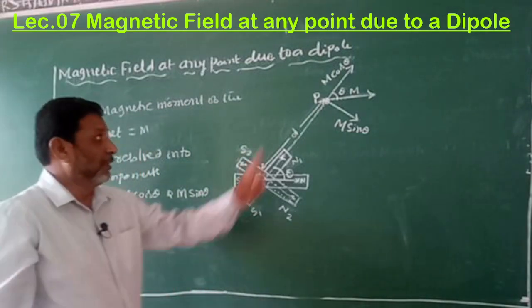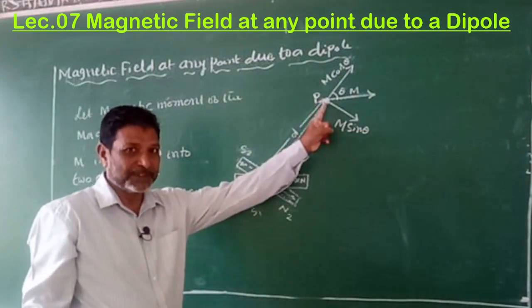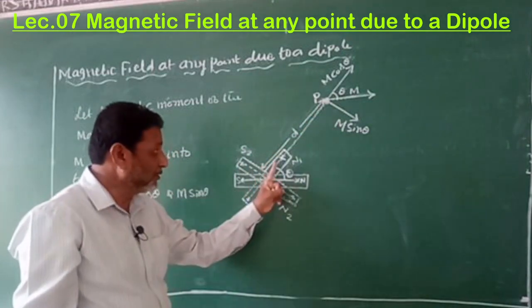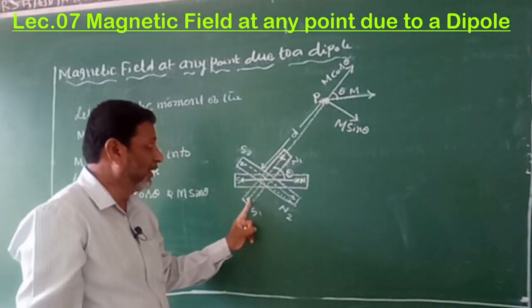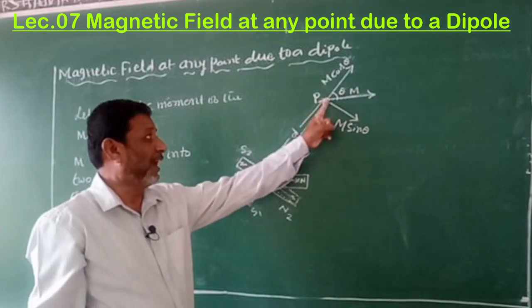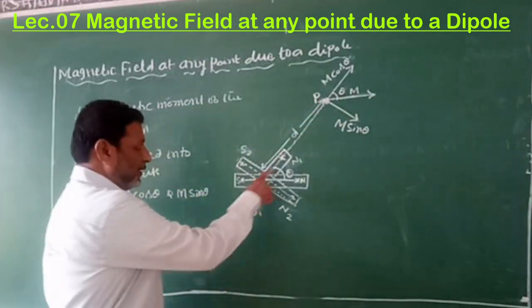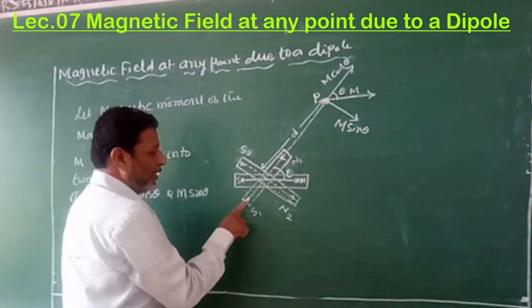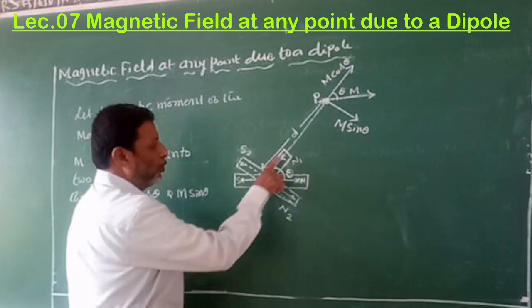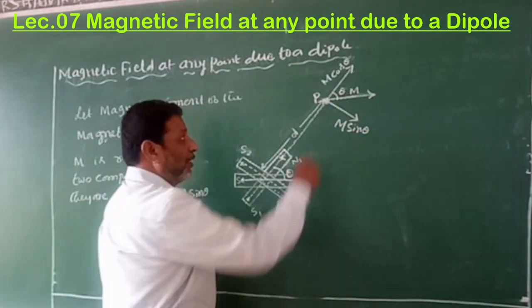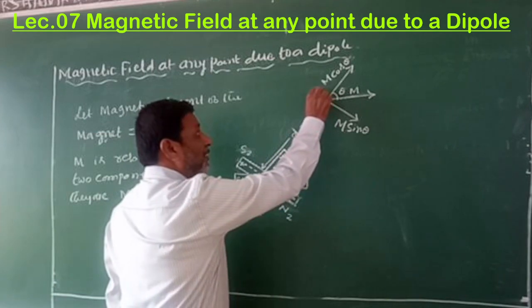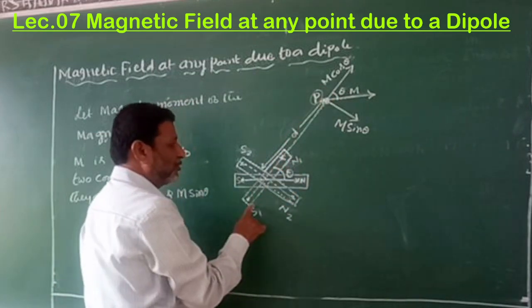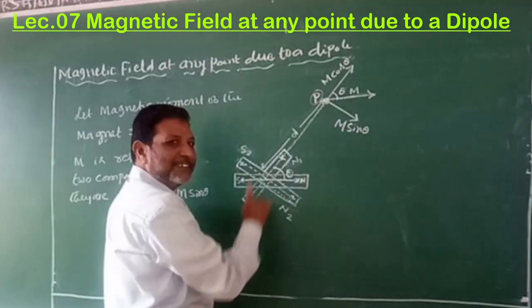Now here, this point P, for this magnet N1 S1, is on its axial line. This is the magnet N1 S1, and the line passing through the center and the two poles is the axial line. So the point P for the magnet N1 S1 is on its axial line.